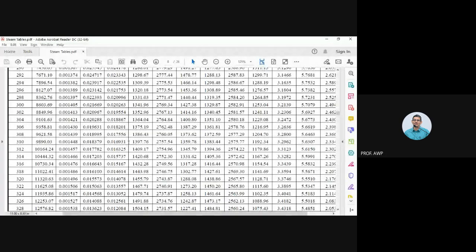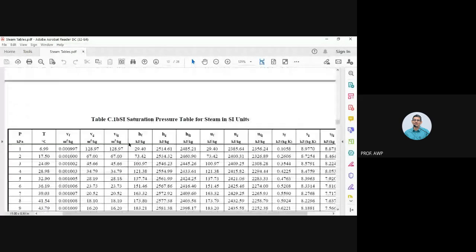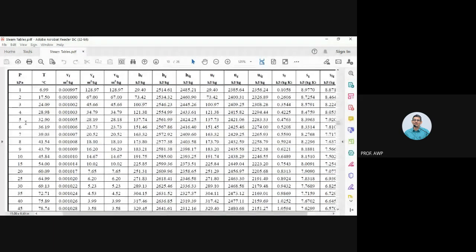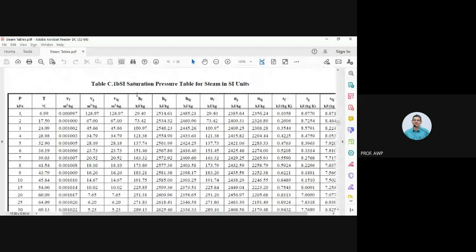If you go down, the saturation pressure table, right? So this is in terms of kilopascal. So you see this HF, enthalpy of the liquid. HF is enthalpy of the liquid. Hg is enthalpy of the vapor. HFG is enthalpy change for converting liquid to vapor, latent heat.